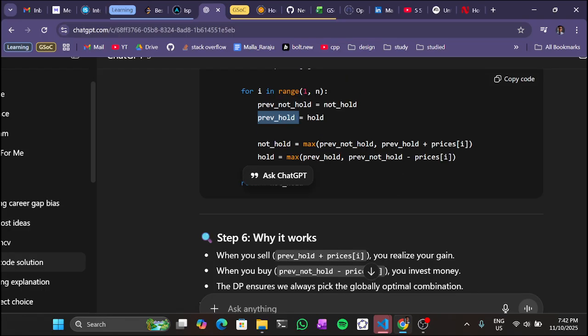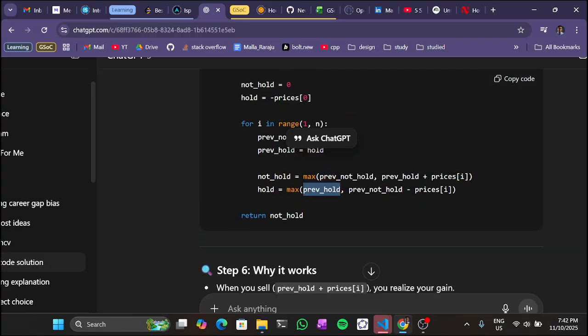It's because we are investing the money, and here because we are selling it. Oh, I got it guys.